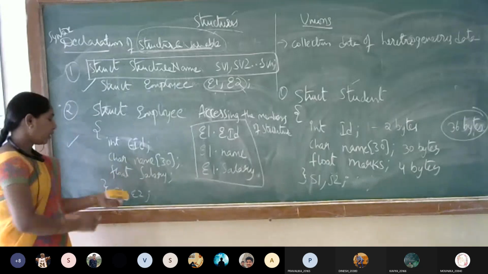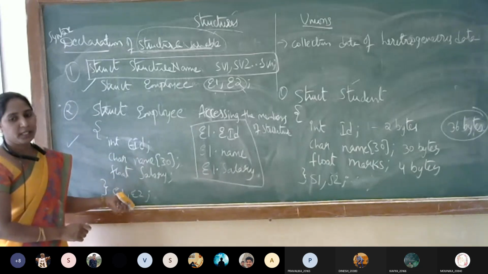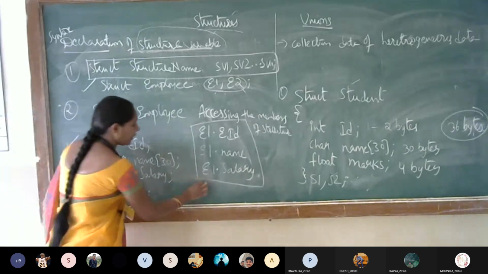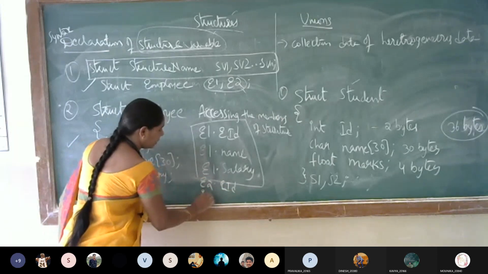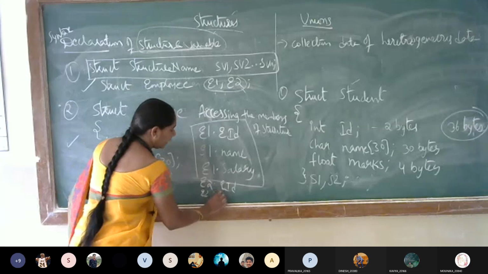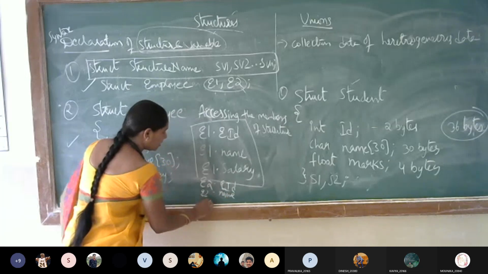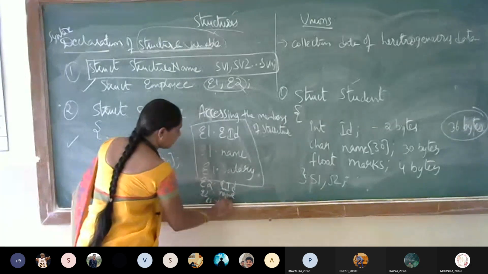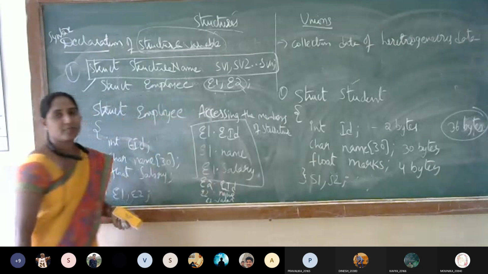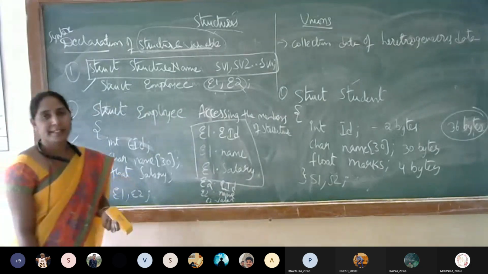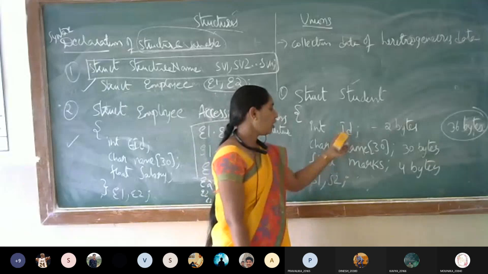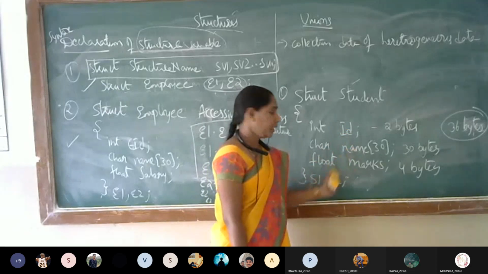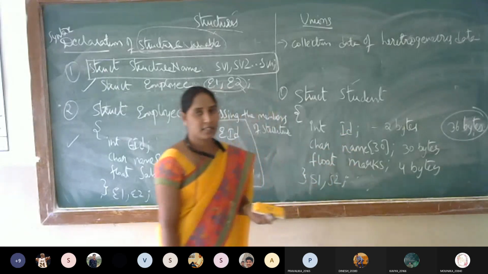Now the second employee's values have to be accessed. Then I write E2 dot EID, E2 dot name, next E2 dot salary. That is about the second employee's details. In the same way, for students, S1 dot ID, S1 dot name, S1 dot marks.